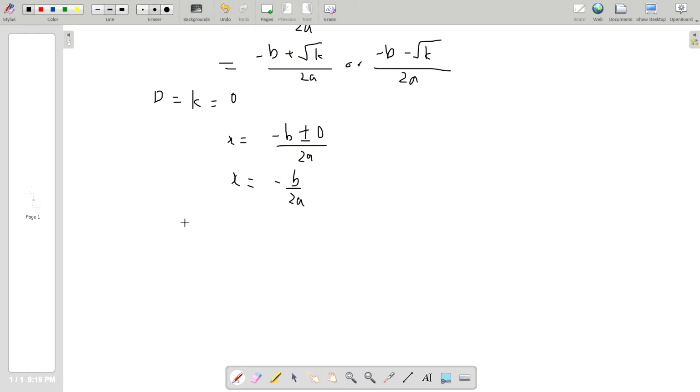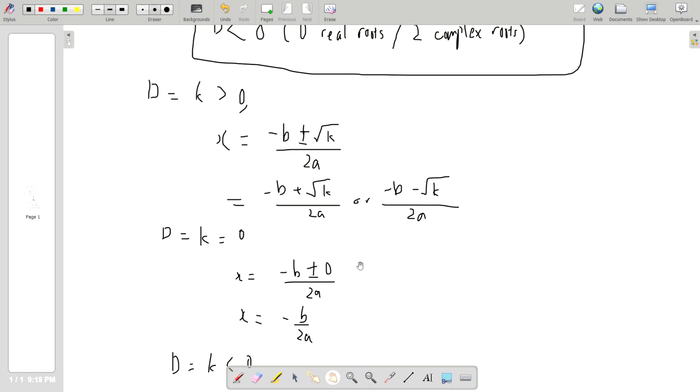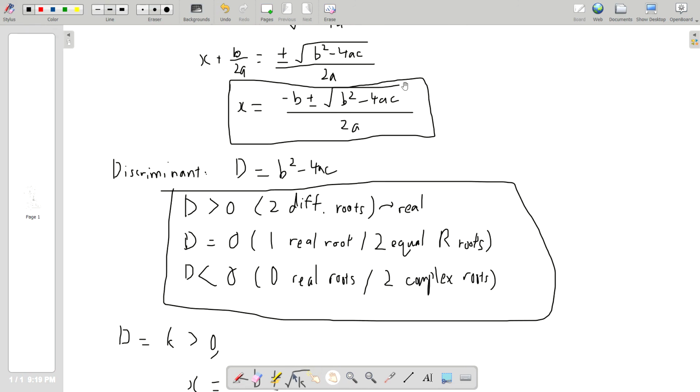Finally, what if k was less than 0? Well, I'm not even going to bother writing it, because if k was less than 0, we would end up having a negative number under a square root, which we all know, if you don't factor in complex numbers, is impossible. You can't get a square root of a negative number without introducing complex numbers or i's into the mix.